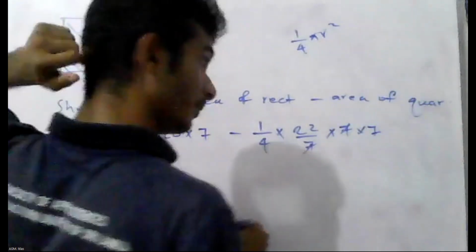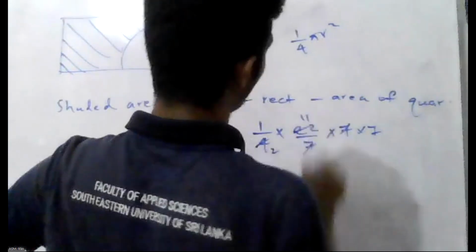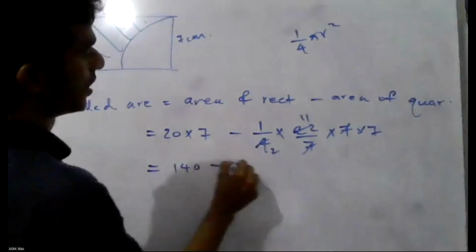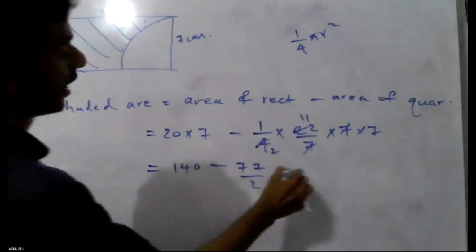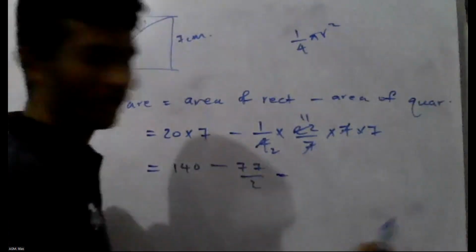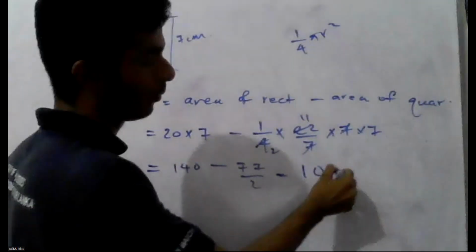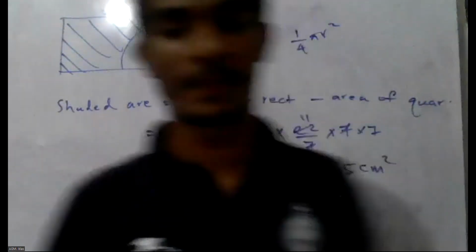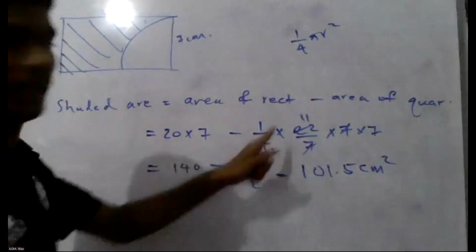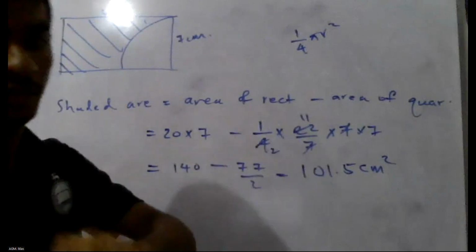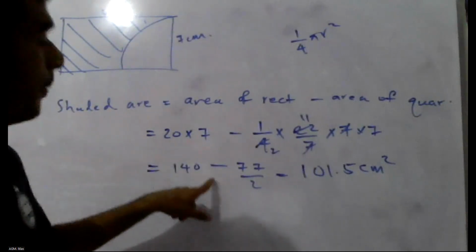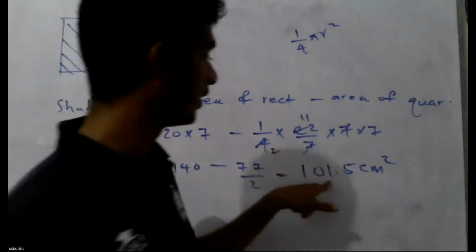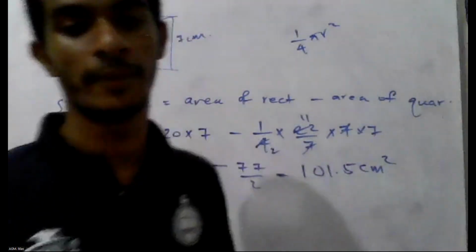So I can do 11. So 140 minus 77 by 2. You can simplify and get the answer 101.5 centimeters square. The 38.5 is given in the book, and if you subtract 38.5 from 140, you receive 101.5 centimeters square.